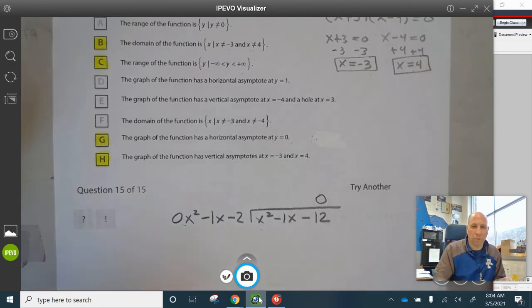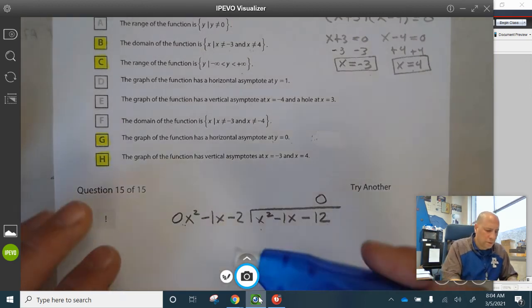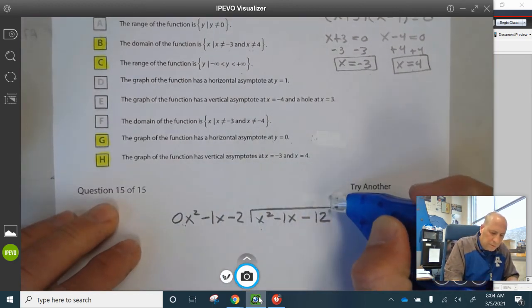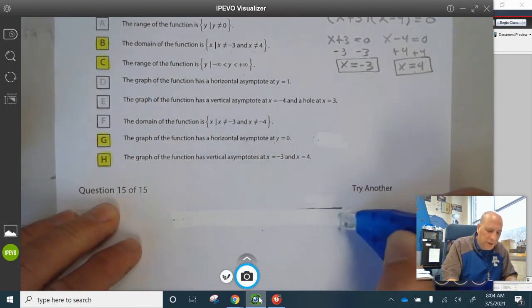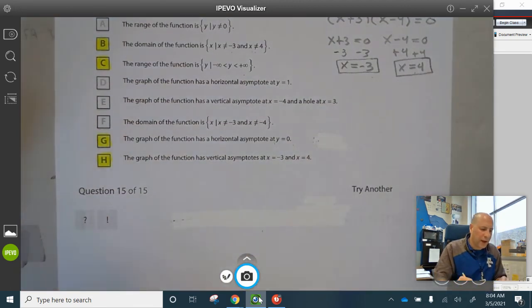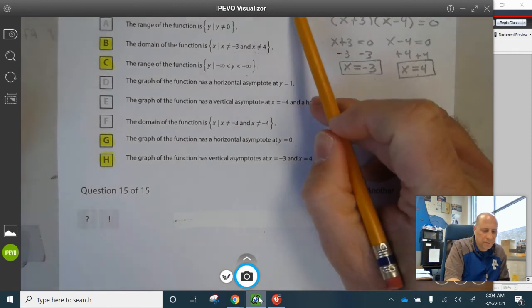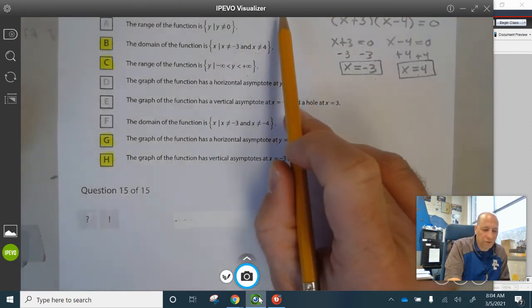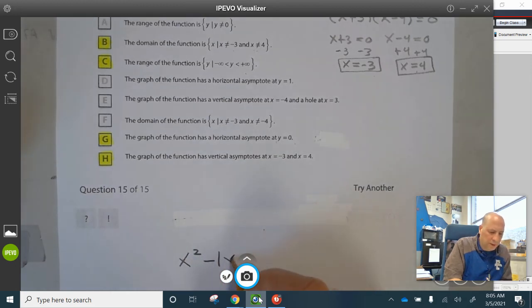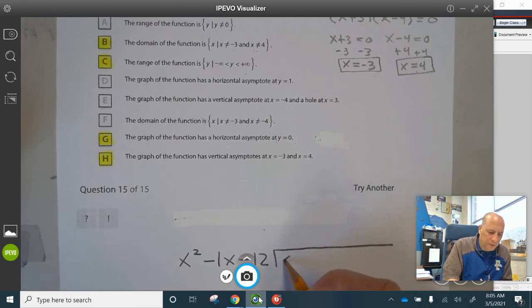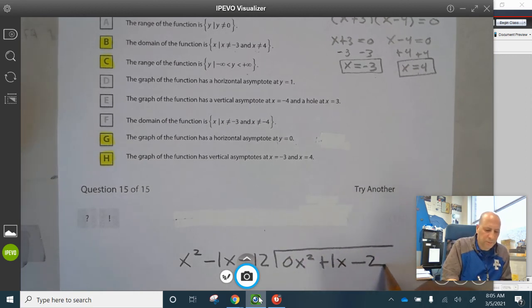And hold on. Whoa. I almost made a mistake. And the mistake I made, and be careful, don't make the mistake I made, is I put this in the divisor spot. It should actually be this. So x squared minus 1x minus 12 divided by 0x squared plus 1x minus 2.